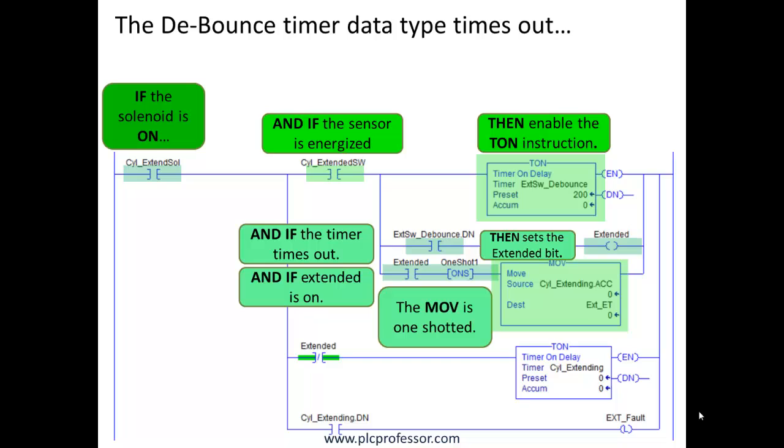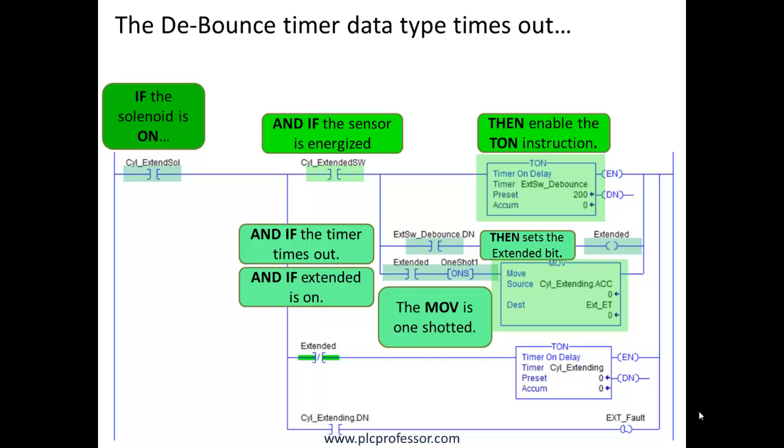But really that would be set, cylinder extending down there would be set probably at 2000 milliseconds, and maybe we got to 1380 milliseconds, we move that into the extend ET, which means every time we extend that cylinder, we have recorded the time it took for it to extend from the time the solenoid energized until we actually declared it at the end of stroke.